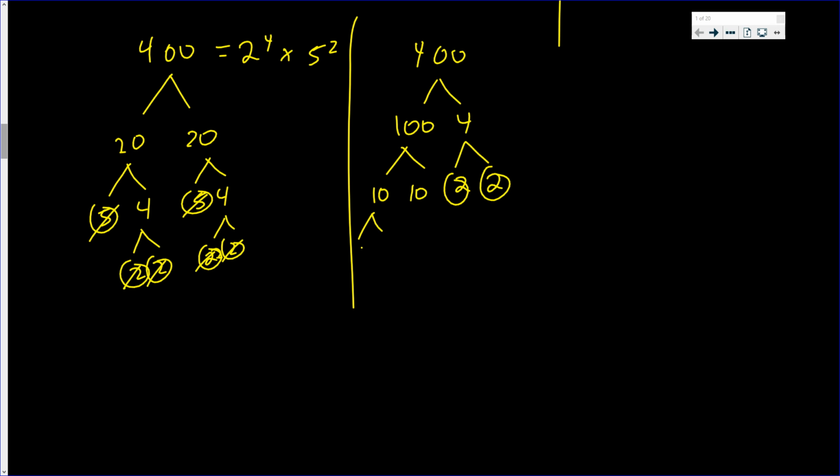Now the 10s can be reduced to 5 times 2, and those are prime. 5 times 2. And in the end, we have 1, 2, 3, 4 factors of 2 times 1, 2, 2 factors of 5.